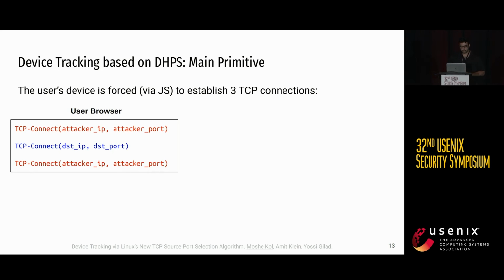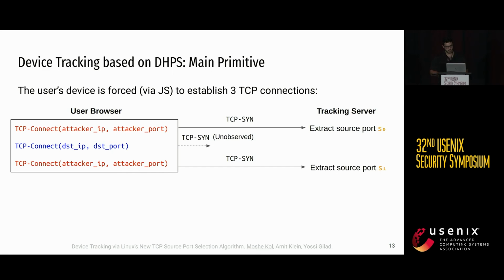The first TCP connection will be to the attacker destination. The next will be to the arbitrary destination that we want to test. And the last connection will be to the attacker destination again. So this results in 2 TCP SYN packets reaching the tracking server, which is owned by the attacker. And the middle TCP SYN is generally unobserved.